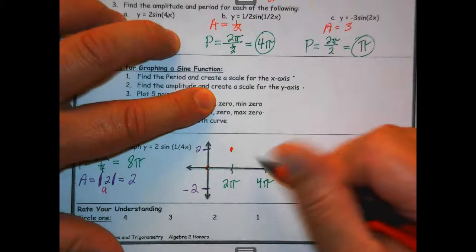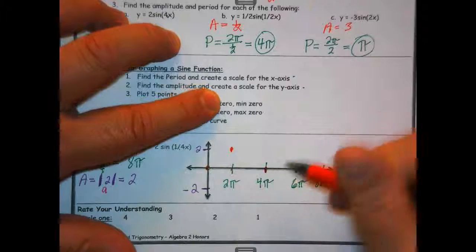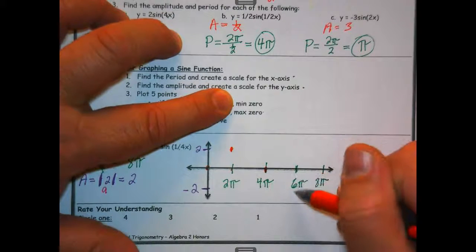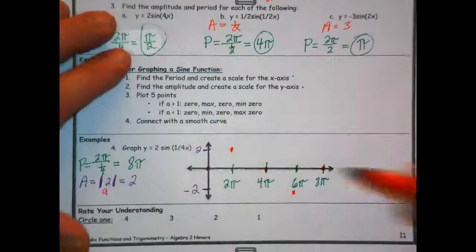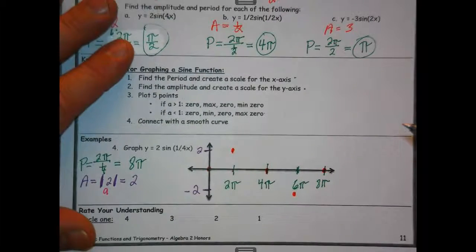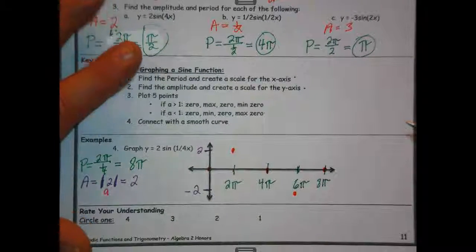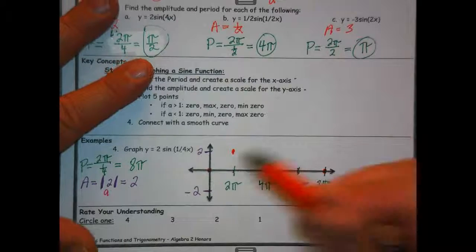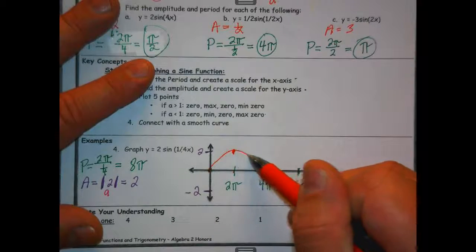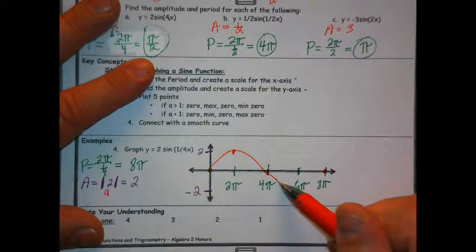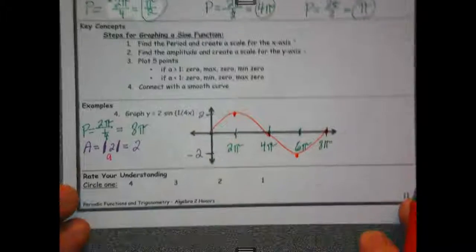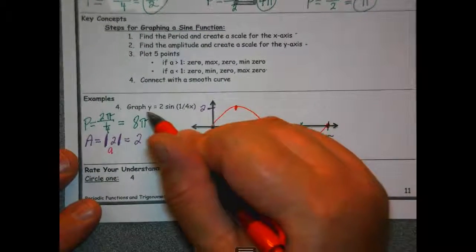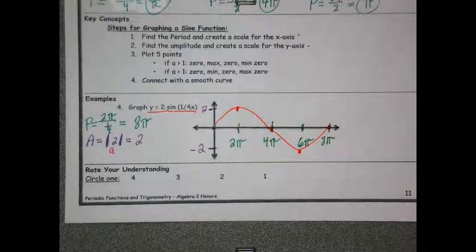For the next one, put a point at 0. For the next one, put a point at the min. And for the next one, back to 0. Now you can easily draw your smooth curve. And there's my sine function for this equation. Easy peasy, right?